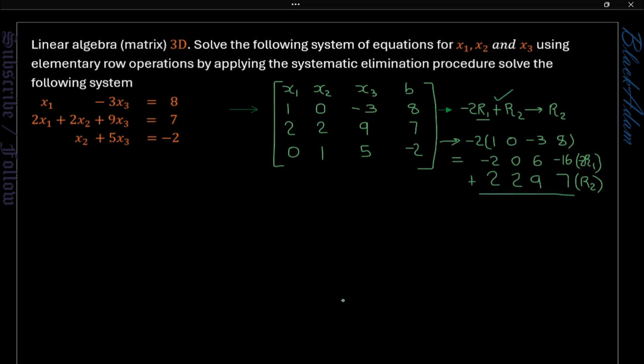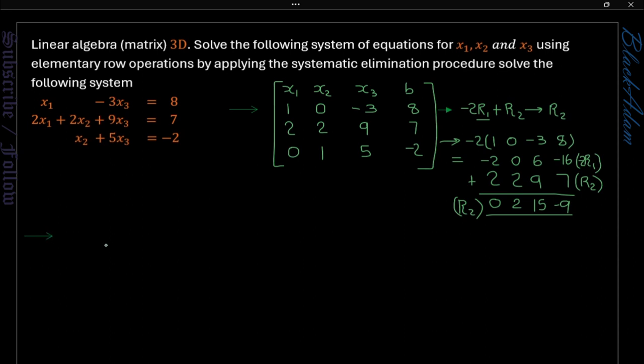So that's the addition. We're following the idea up there, and then that's 0 plus 0, 0 plus 2 is 2, 6 plus 9 is 15, and negative 16 plus 7 is negative 9, and we replace what we have on row 2.